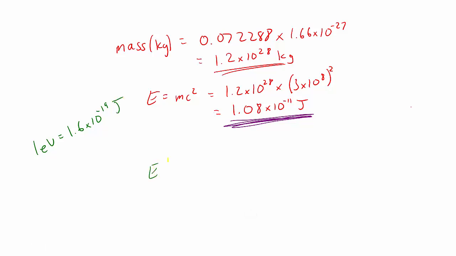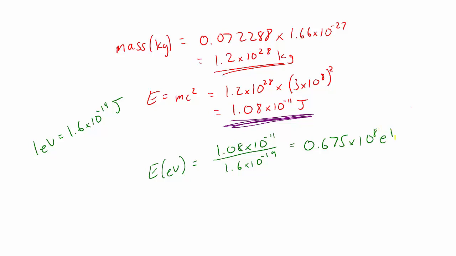So that means that the energy in electron volts is going to be equal to this number that we got in joules divided by 1.6 times 10 to the negative 19, which is 0.675 times 10 to the power of 8 in my calculator. But if you want to put that in mega electron volts, what you end up getting is 67.5 times 10 to the power of 6, or 67.5 mega electron volts.